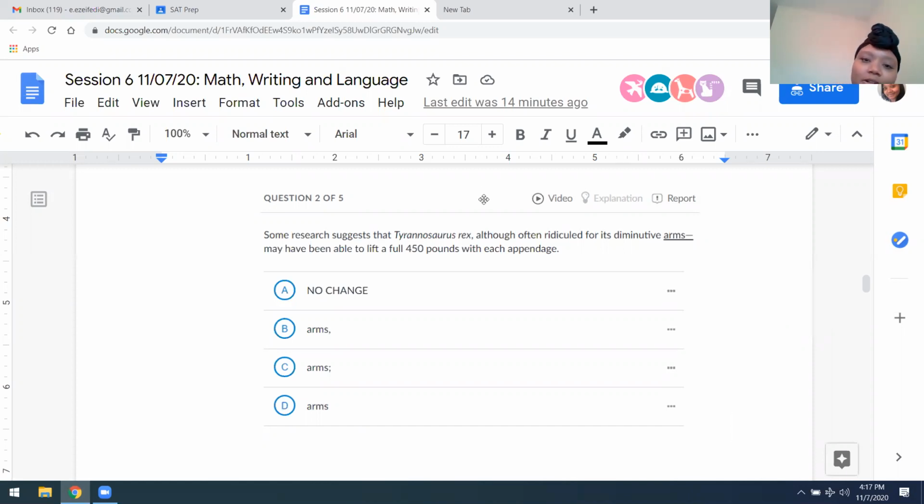And since the non-essential phrase started with a comma, we're going to also end with a comma. So we can't have this dash, we have to change it. We can't have a comma and a dash or a dash and a comma or one parenthesis and not close it with the other parenthesis. We have to have, again, symmetry, the same things on both sides, kind of what symmetry means. So the correct answer is B.